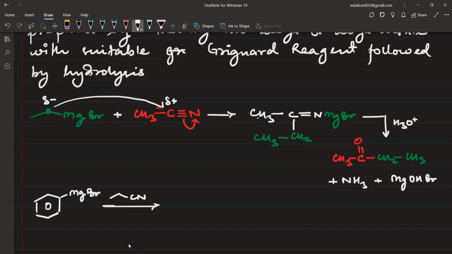Now what is going to happen? The first reaction is with CN, the second reaction is with H3O plus. So first of all, you will get an addition product like this, and then the benzene ring. Only this part is from your Grignard reagent. Then you have this carbon atom connected to nitrogen. It will get a double bond O. Then you have another carbon atom and one more carbon atom.